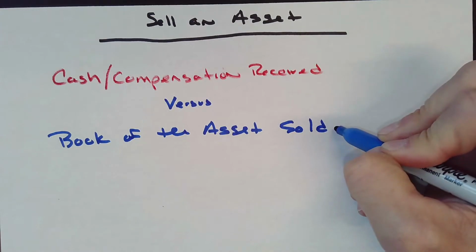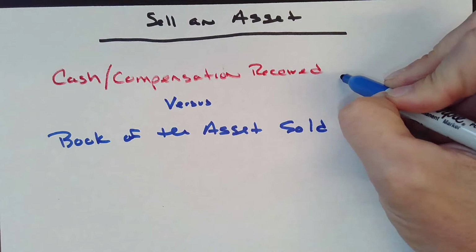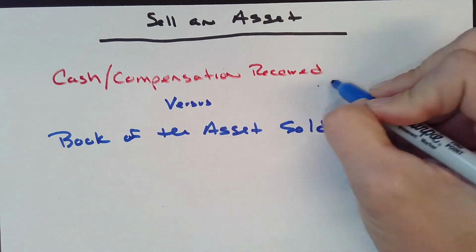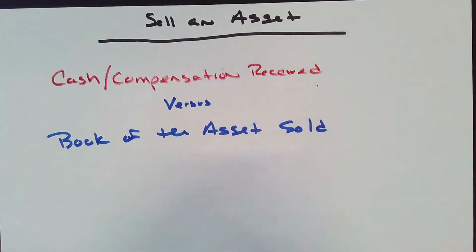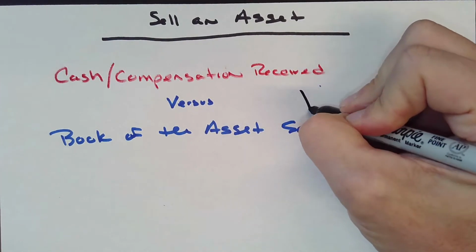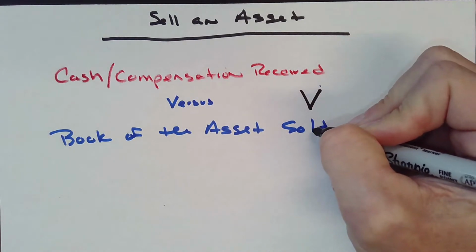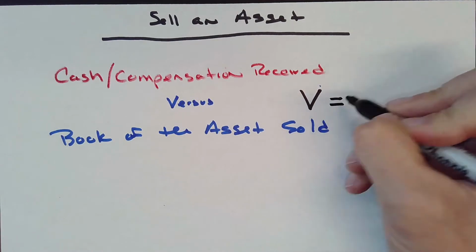So if the cash compensation received is greater than the book value of the asset, then this yields a gain.